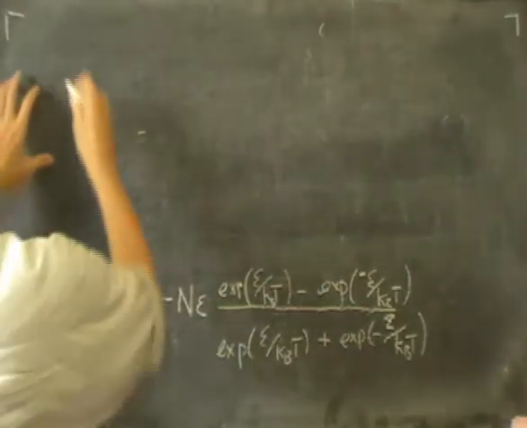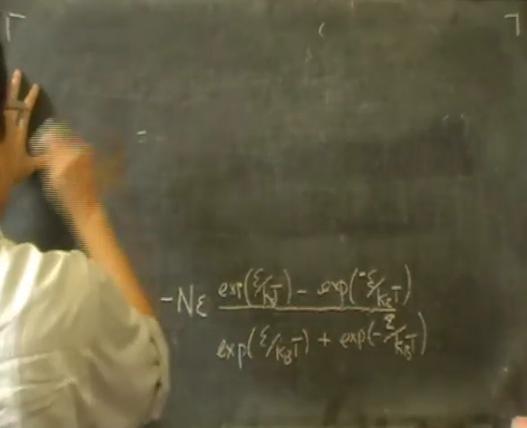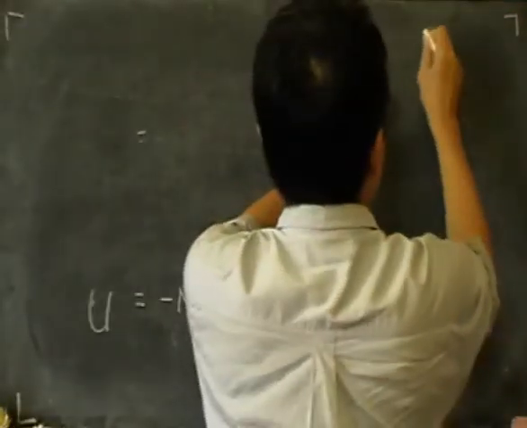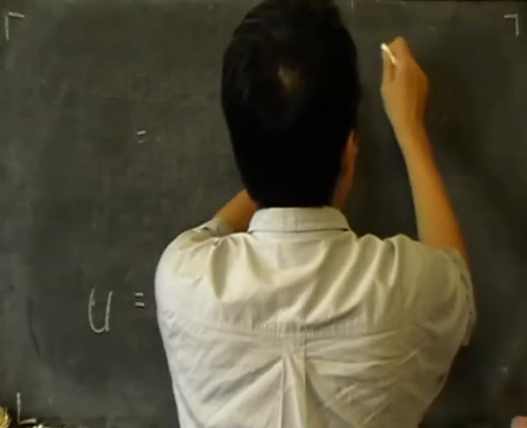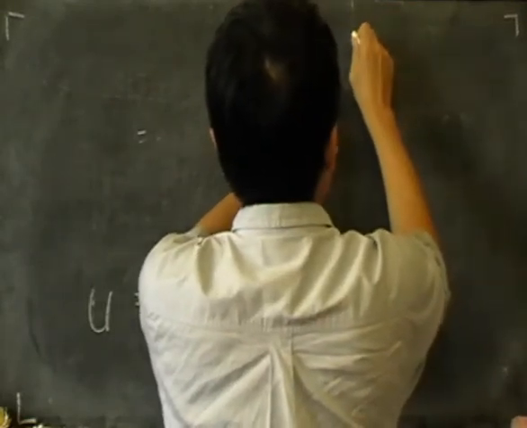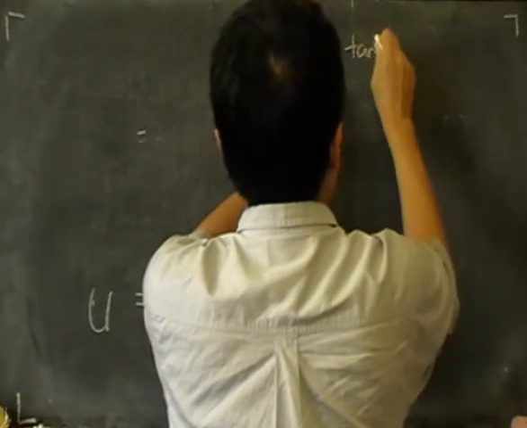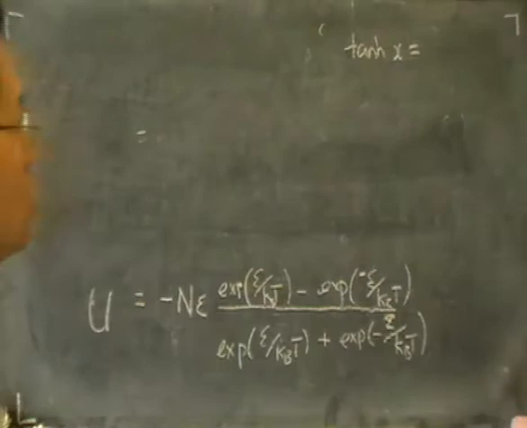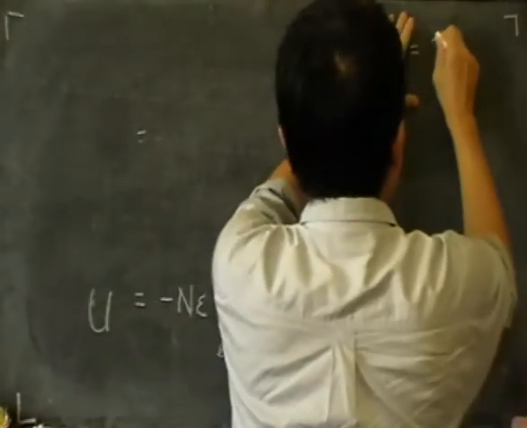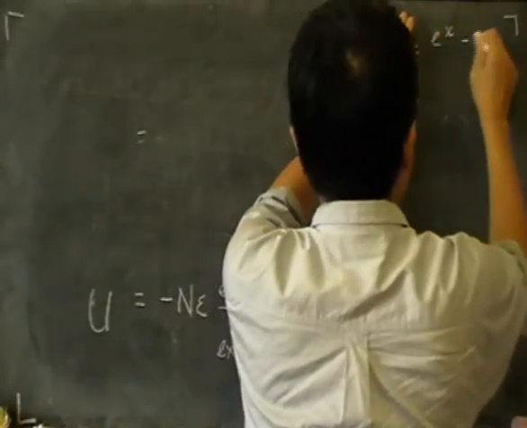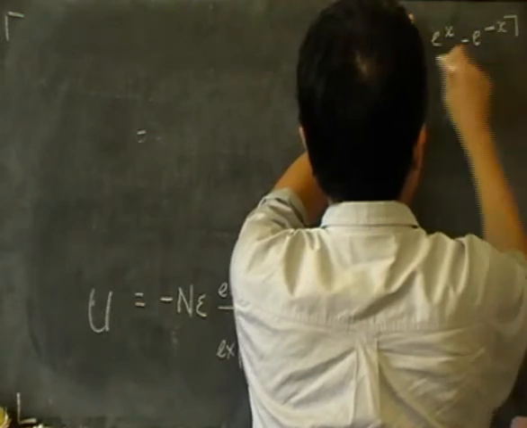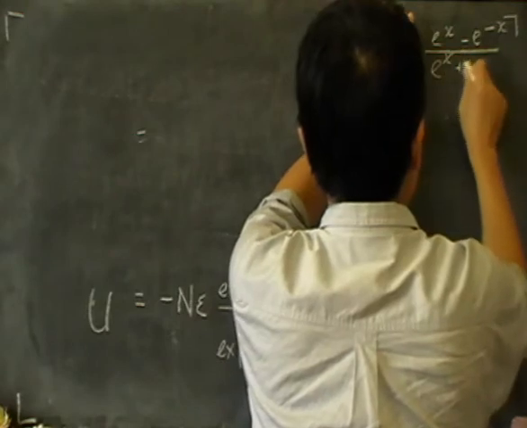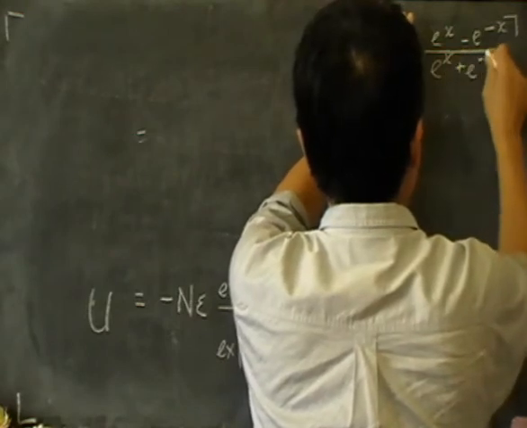Now the hyperbolic tangent, let me write it here, is tanh of x, equal to e to the power of x minus e to the power of minus x divided by e to the power of x plus e to the power of minus x.